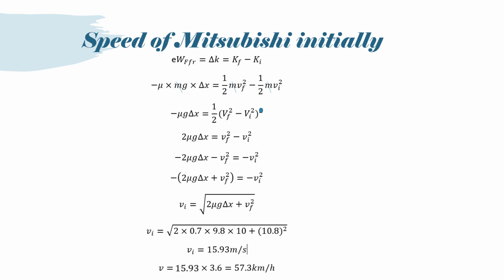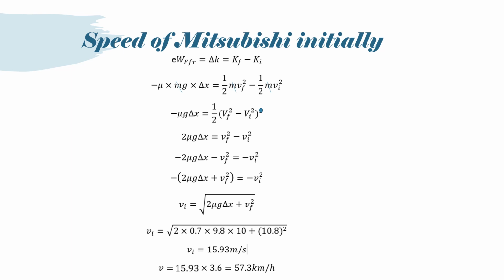So shortening this down, we get minus mu times gravity g times delta x is equal to half bracket v square final minus v square initial.